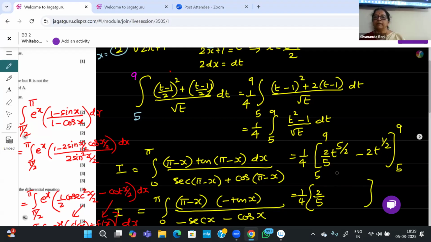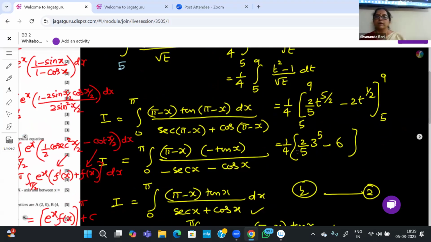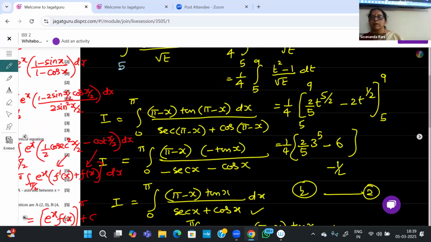Upper limit 3 power 5. Lower limit. You got something like this. 5 power 5 by 2 will be actually 25 root 5, right? 25 root 5.